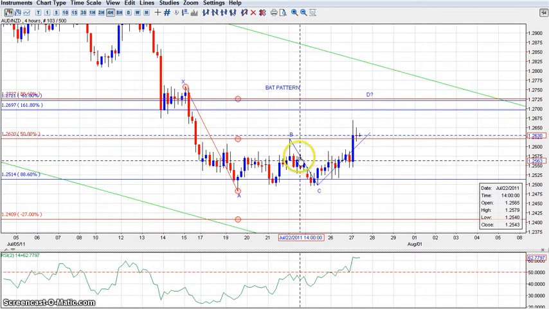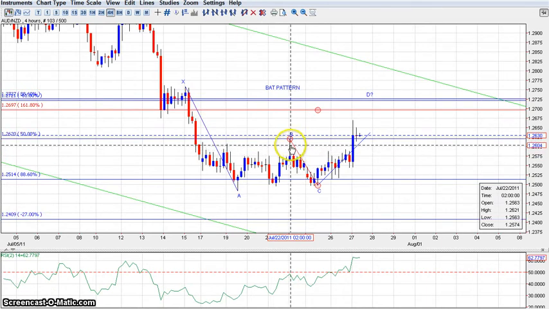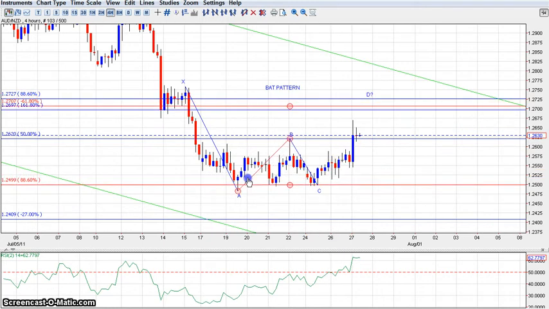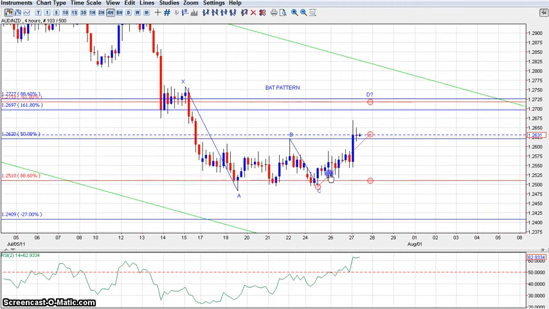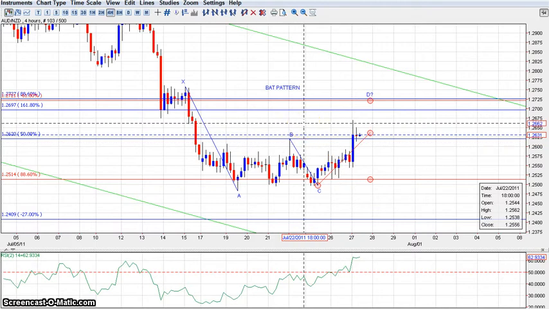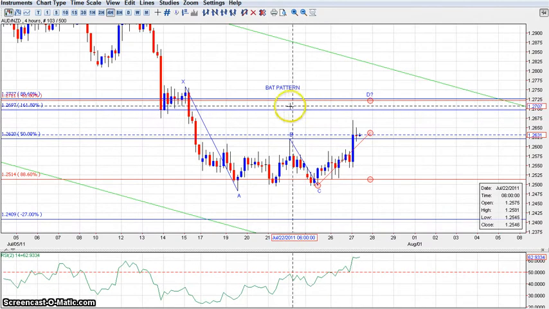The lower boundary is the 161.8 extension of the BC leg, and the third level is the 161.8 extension of the AB leg projected from the C point. So what we have here is between 1.2727 and 1.2697 as the resistance zone. That's 30 pips, a 30 pip range for the resistance zone.